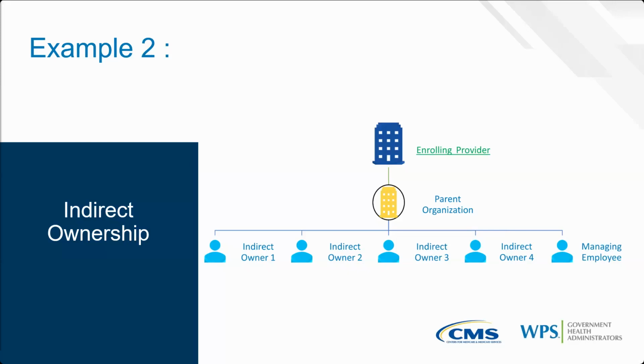The indirect owners are going to select indirect owner along with if they are also managing employees, which is possible, and if they have any signatory rights, if they're an AO or a DO. The managing employee is going to indicate that they're a managing employee, and if there are any signatory rights. The managing employee would only qualify to be a DO if they're a W-2 employee.